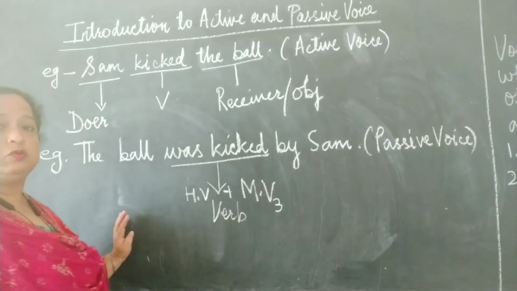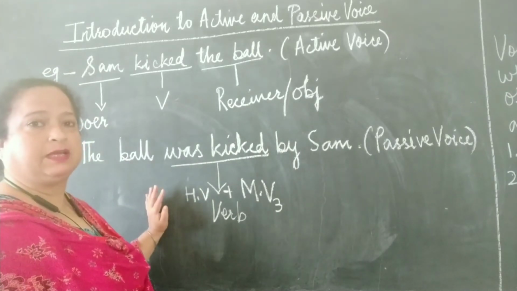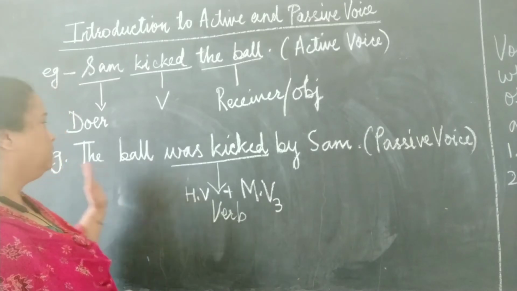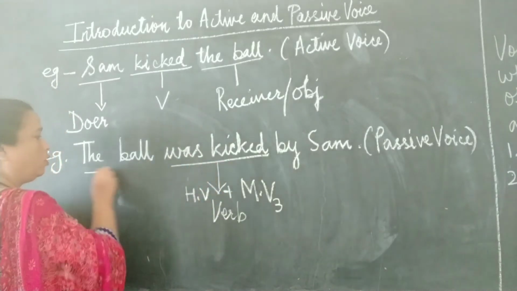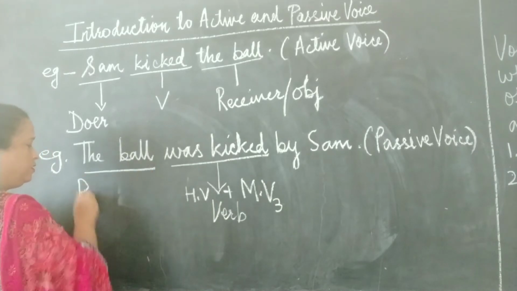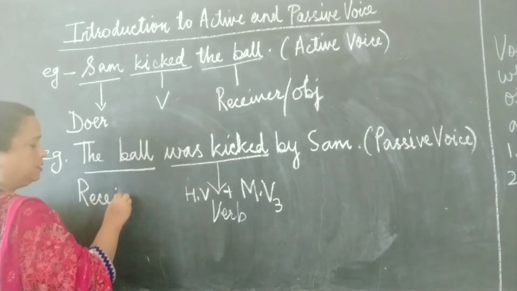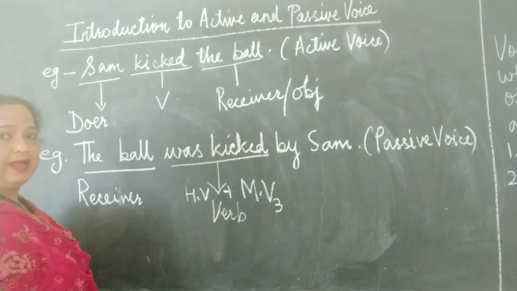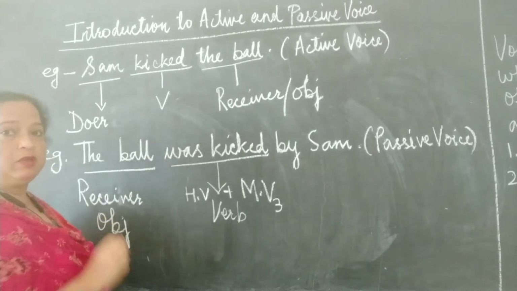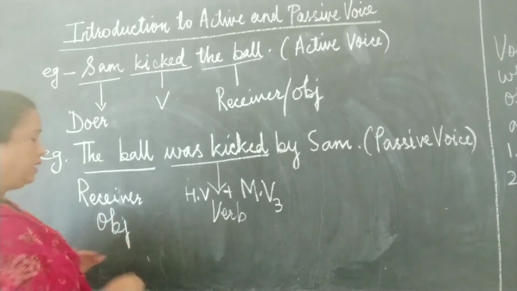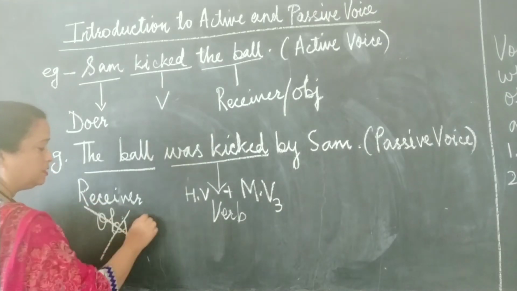Now if I want to know what was kicked, I get the answer the ball was kicked. So the ball is the receiver of the action. This is the receiver of the action or the object. But if we go to see, it is in the place of the subject.